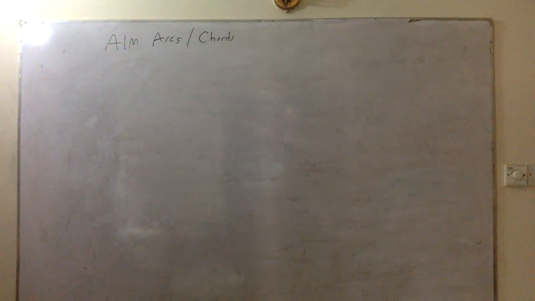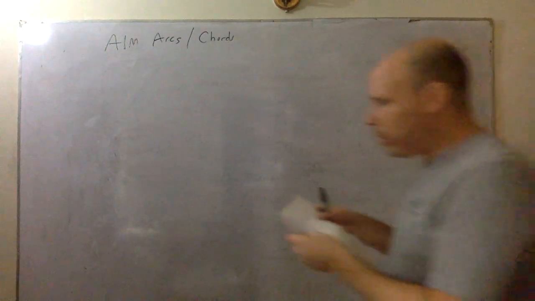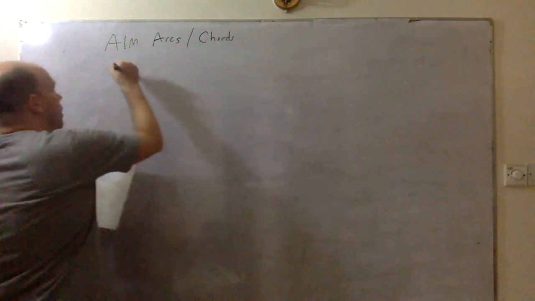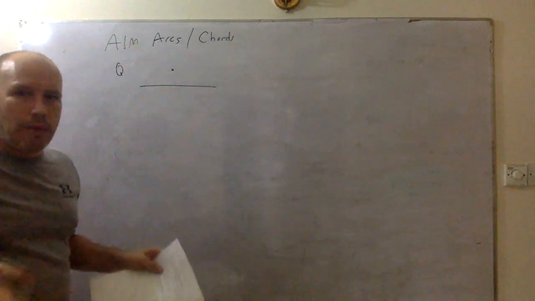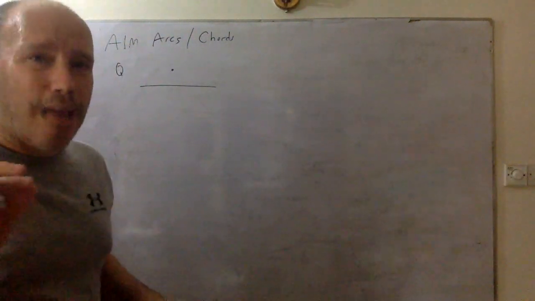So the first question, the June 9 question, is what is the distance of a point to a line, a ray, a segment? You have a point, so how do we say how far away is that point from the line?